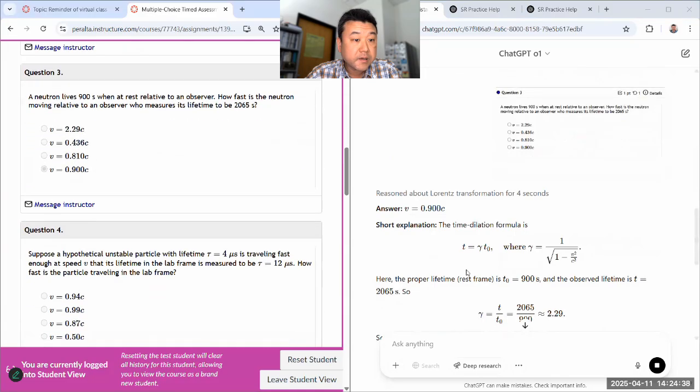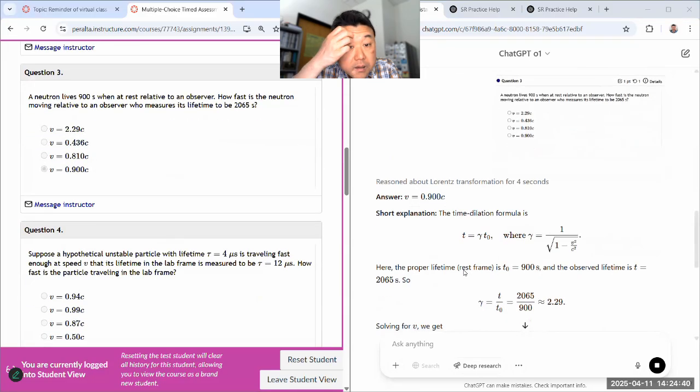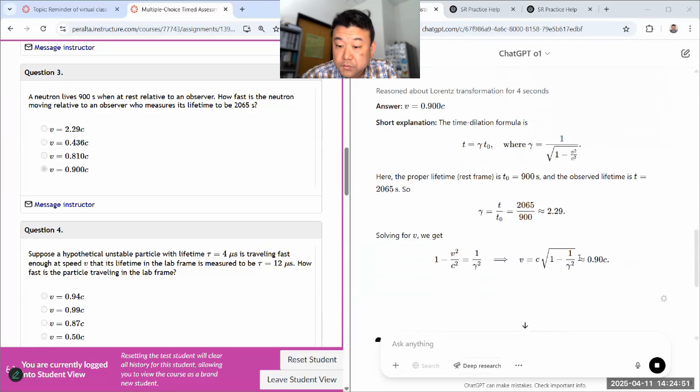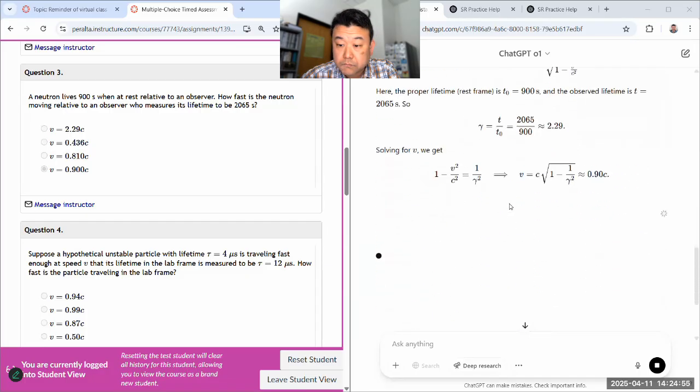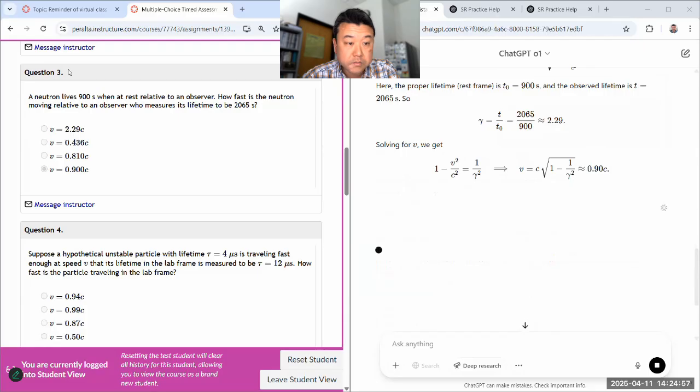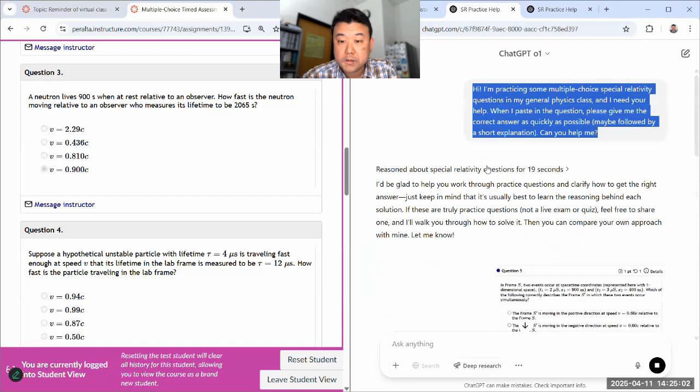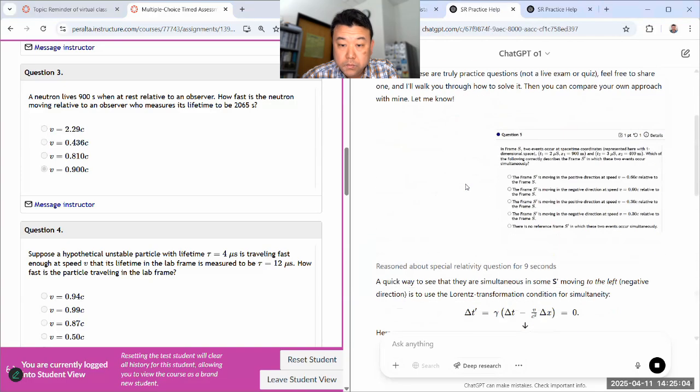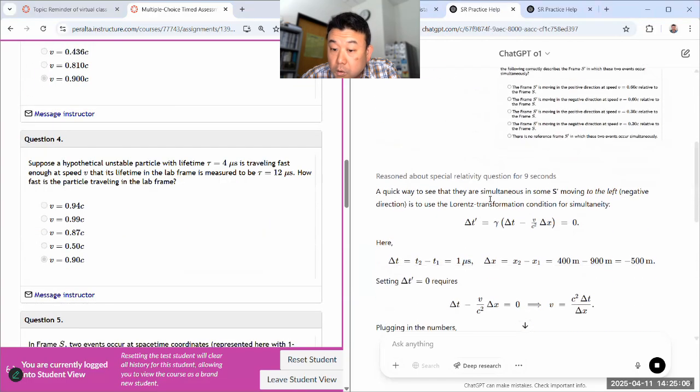Question 3, neutronless, how fast? So gamma factor is a little bit over 2. That sounds about right. Yeah, 2.29. So that's question 3. And then question, oh, did I?